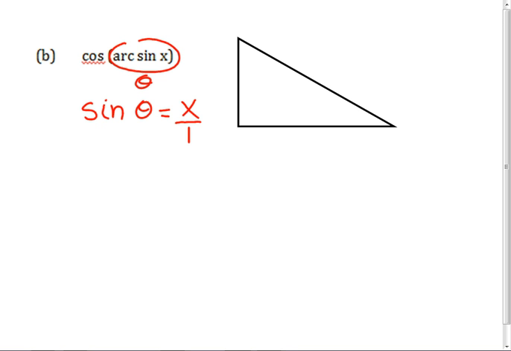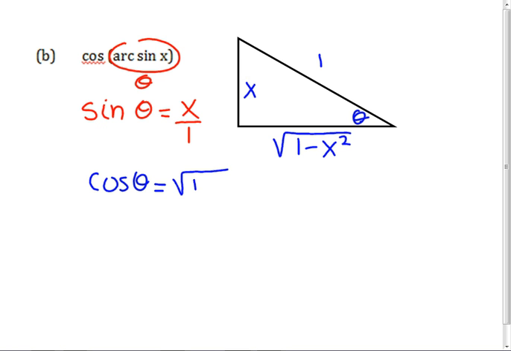Yeah, these are identities. So the sine of this angle is x over 1. What's this side going to be then? Square root of 1 minus x squared. But now I want the cosine of this. What's the cosine of my angle? Square root of 1 minus x squared over what? So instead of memorizing these identities, I just draw the pictures and work it out every time.